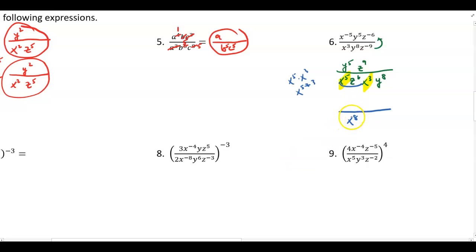Now, my y's, I have 5 in the numerator, 8 in the denominator. I can cancel 5 out. If I take 5 off the bottom, how many do I have left? 3. And where are my leftovers? In the denominator. And I look at my z's. I have 9 in the numerator, 6 in the denominator. Cancel 6 off the denominator. If I take 6 off the numerator, how many do I have left? Z to the 3rd.